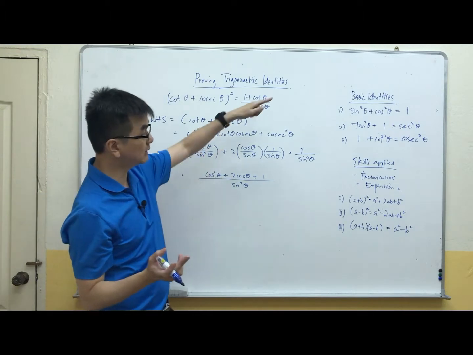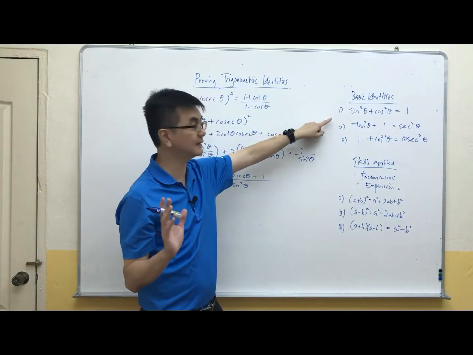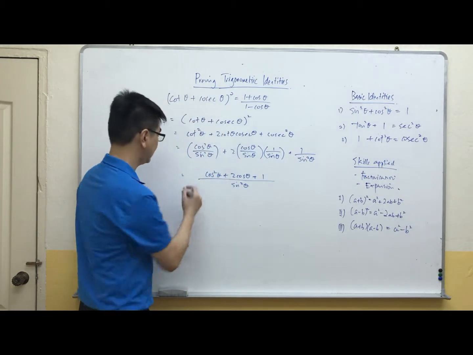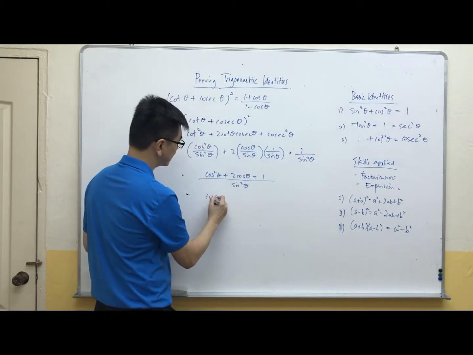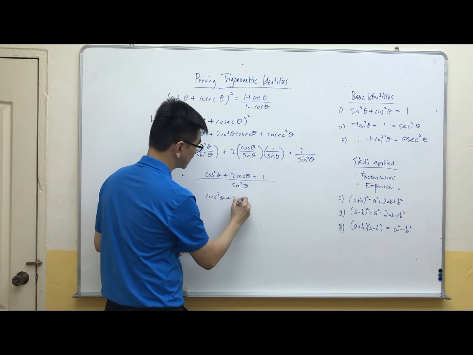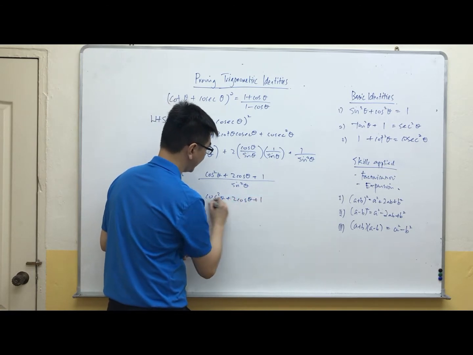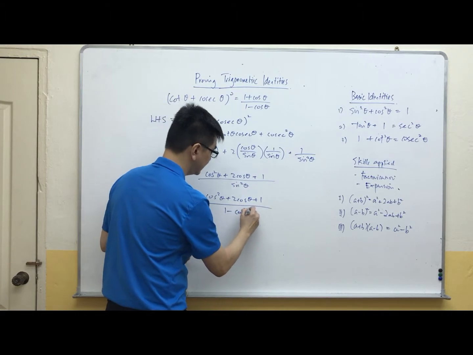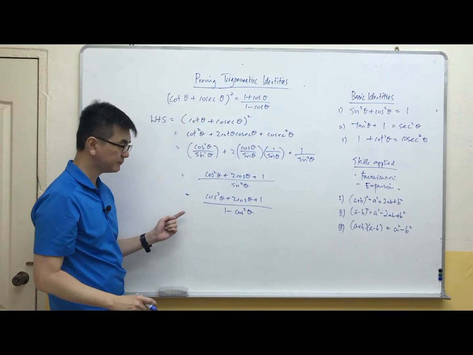I'm going to make use of the first identity, sine square theta plus cosine square theta equals 1. So I'm going to do this: cosine square theta plus 2 cosine theta plus 1 over 1 minus cosine square theta.